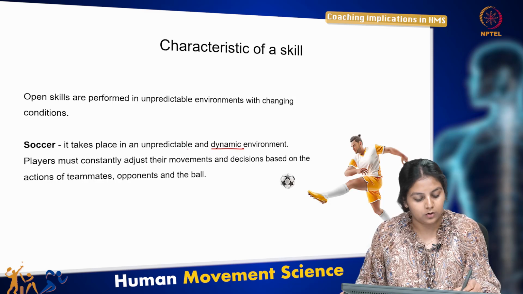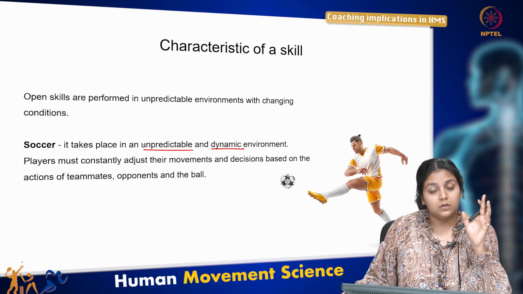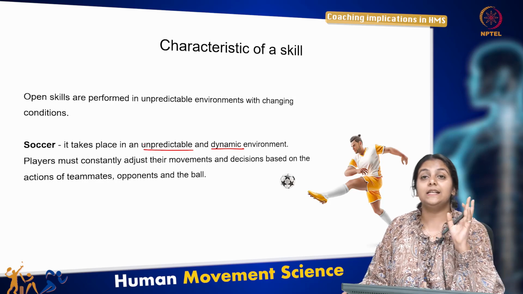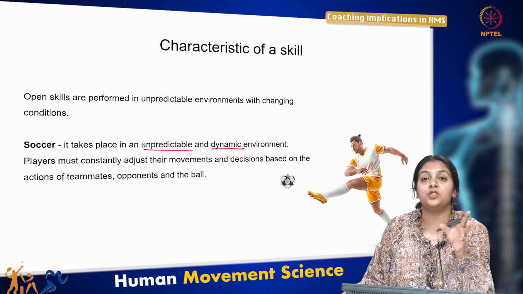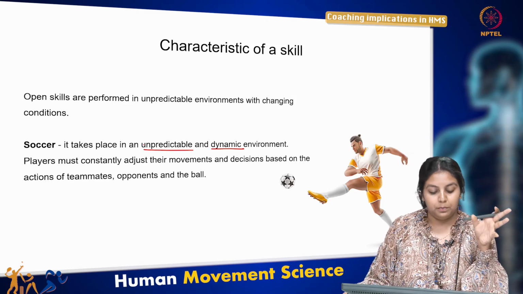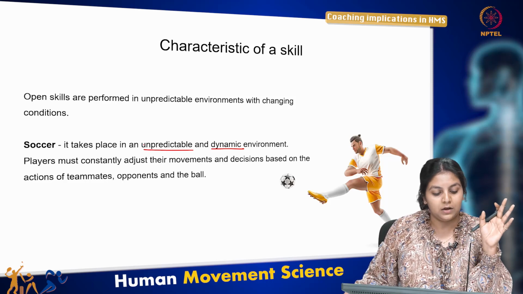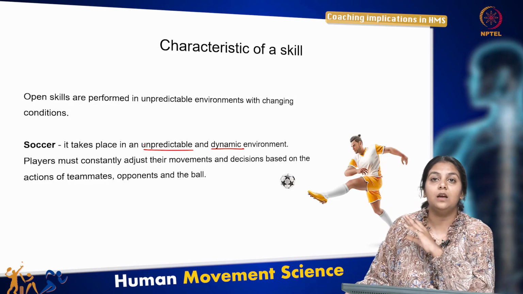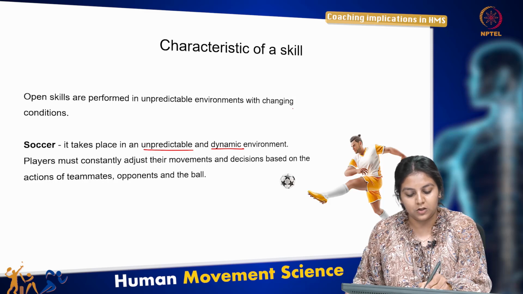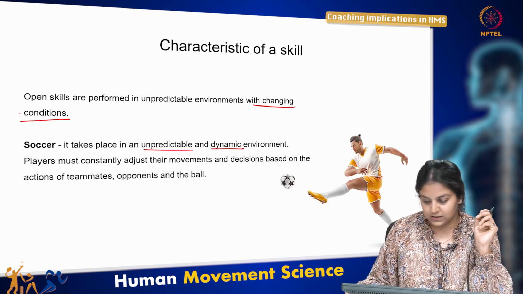Very important to know: the soccer players constantly adjust their movements to where the opponent is, where their teammates are, and the position of the ball. Hence, it being a dynamic environment, the skills are performed in a very unpredictable environment with changing conditions, and hence these are open skills.